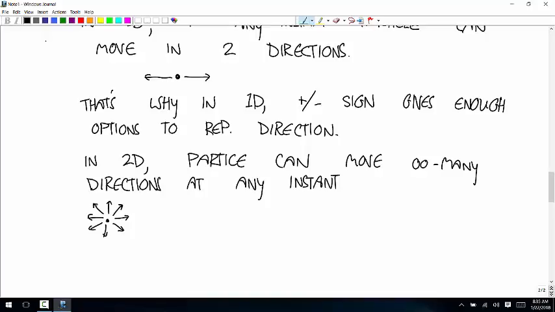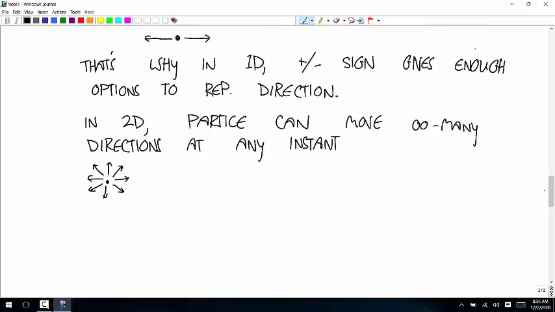That's a lot of directions, and there's even more than that. That's 8. If you keep turning it, those arrows can represent more. But even if there were 8 directions, the plus minus sign isn't enough to choose a direction. The plus minus sign won't do it anymore.